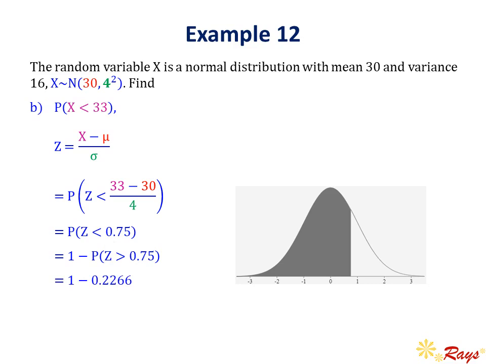So therefore, from the standard normal table, we found that the probability for Z greater than 0.75 is this. And therefore, that is our final answer, 0.7734. And it is consistent because when the probability is more than 0.5 means the area is more than half.